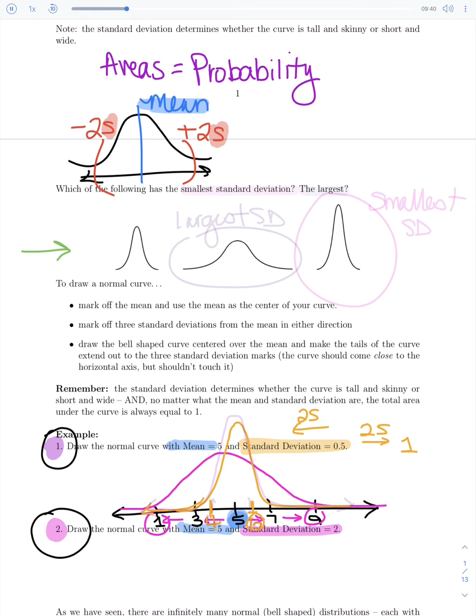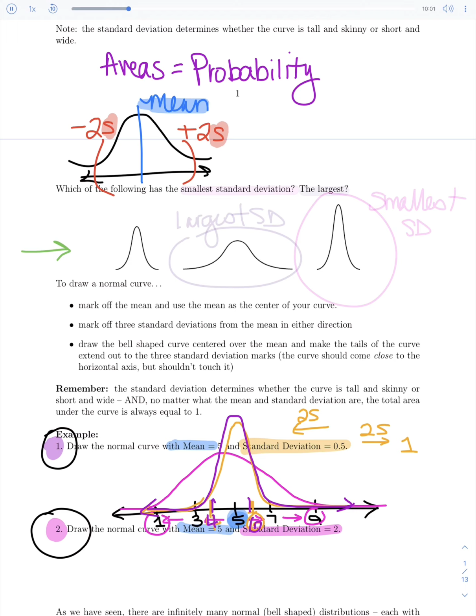And that is my graph for number 1, that tighter, higher graph, because all my data should be between 4 and 6, or at least the majority of it, because that's 2 standard deviations on either side of my mean, 5.